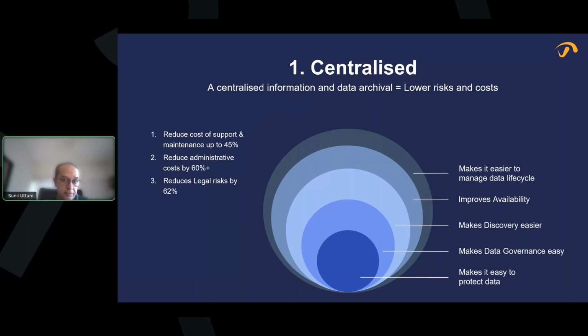That too on a SaaS where you don't have to do anything. So that reduces the cost, right? Legal risk by 62% because there is never a risk of not finding information. So these are the reasons how a centralized archive works, and Vaultastic specializes in that. We have designed it to solve these problems, right?